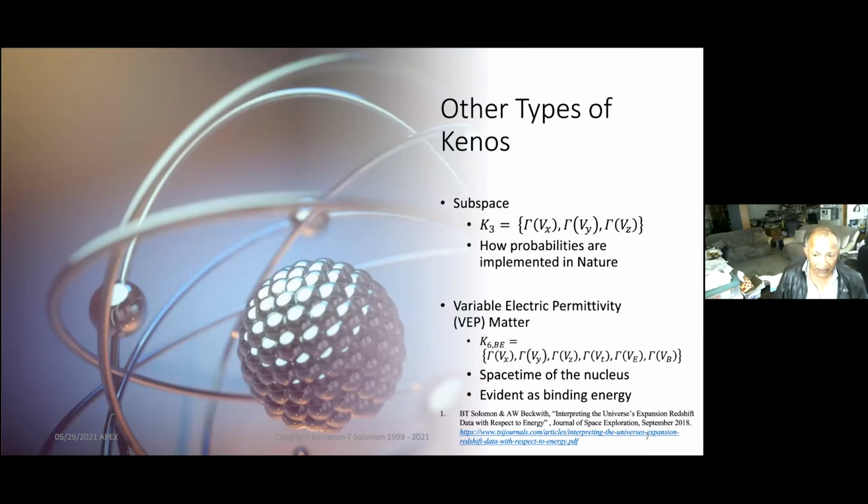One of the things I proposed was that subspace exists. It's only X, Y, Z. There's no T in it. And that is how nature implements probabilities. And the other version of a keno is the variable electric permittivity, which is very similar to space-time, but it is the space-time in the nucleus of an atom.